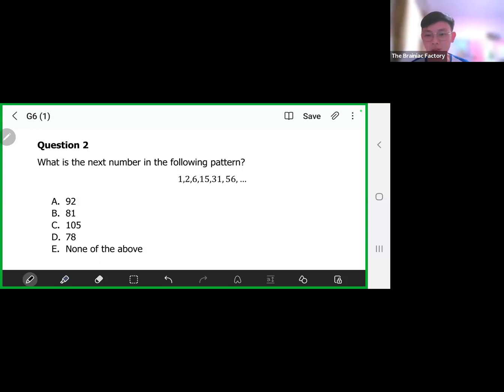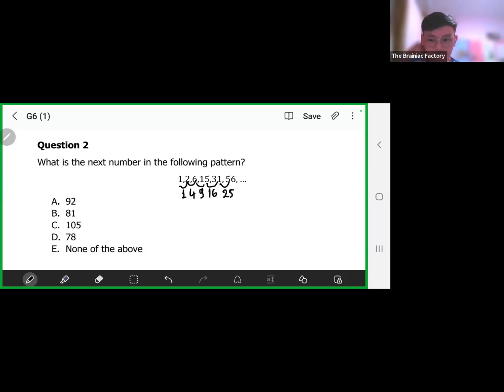I'm going to answer your questions after the second question is solved. Okay, so what we are going to do is find the difference between each term. The first two terms have a difference of 1, then 4, then 9, then 16, and this one is 25.